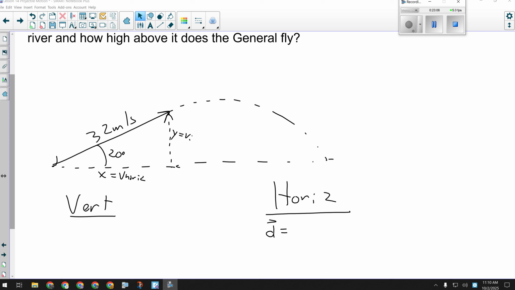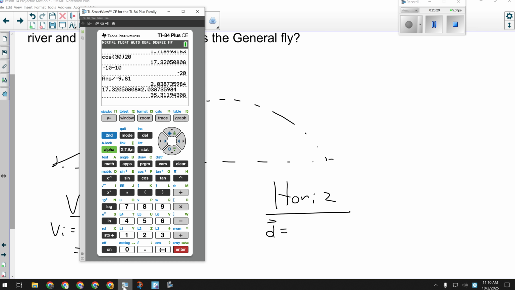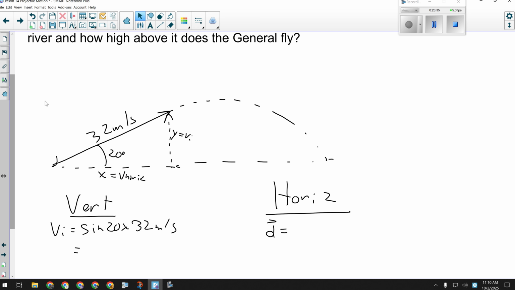So in any projectile motion question, if you're given this setup where you have the launch or projected velocity, the first thing you want to do is find the X and Y components. That helps us get VI. VI is going to be the sine of 20 degrees times 32 meters per second, which gives us our upward directed initial velocity. Sine of 20 times 32 is 10.94 meters per second, and that'll be positive.